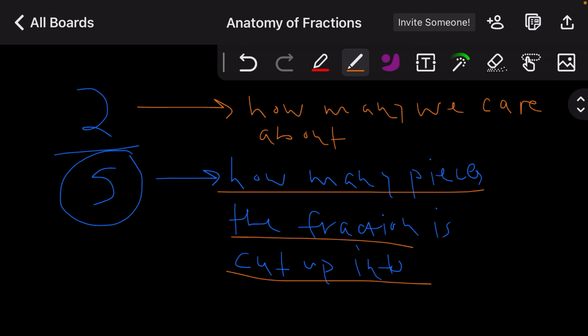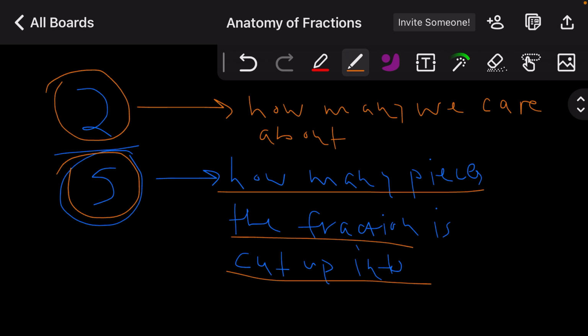And that changes from fraction to fraction. For example, let's say we cut up an apple into 5 pieces. We're just discussing 2 of the 5 of them. What we're discussing about it doesn't matter. What we care about is just 2 out of the 5.